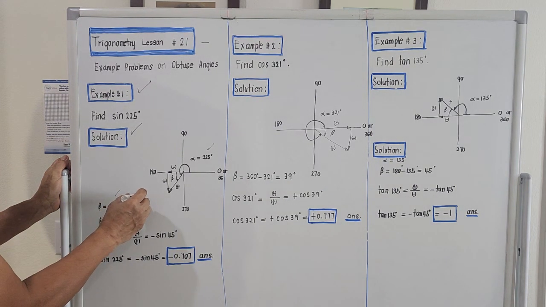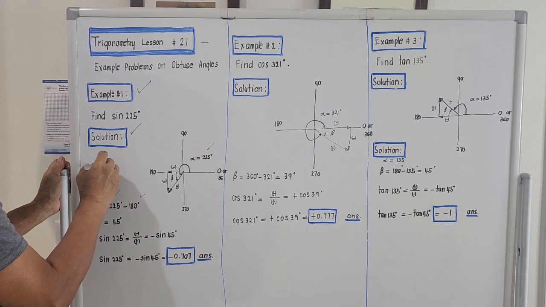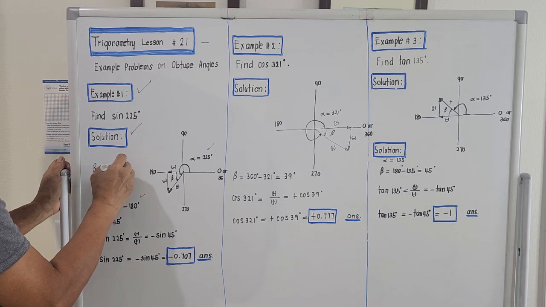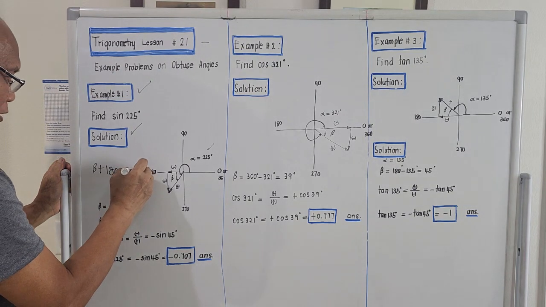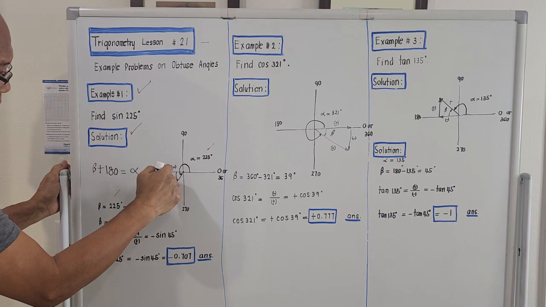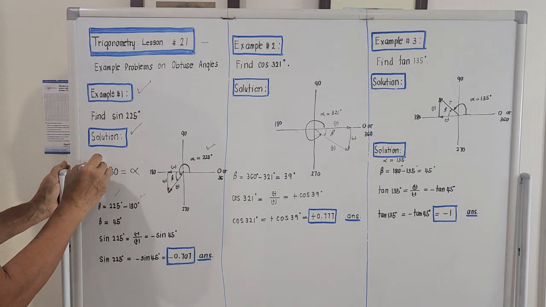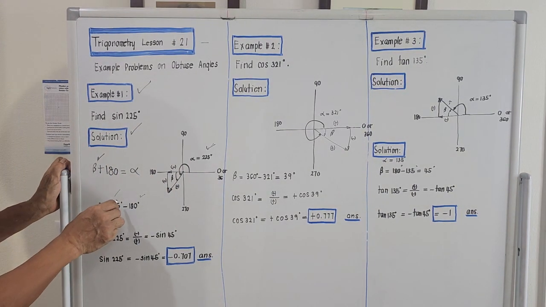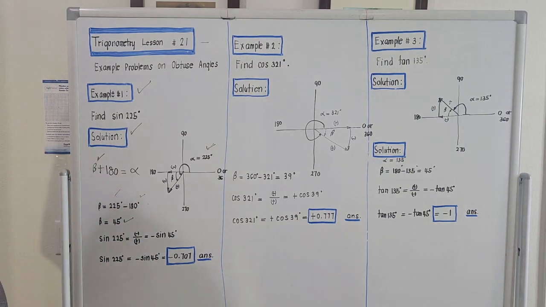Beta plus 180 is equal to alpha, so beta will be 225 degrees minus 180, and that will be 45 degrees. So the value of the reference angle is 45 degrees.